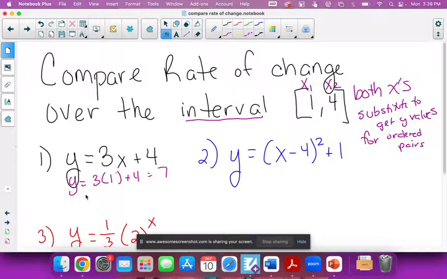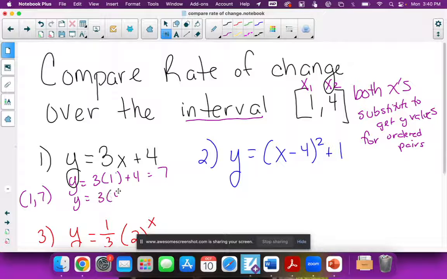So my first ordered pair is 1, 7. I substituted in 1, I got out 7. My second one, I have to substitute in 4. And for that one, I should get 16. So my second ordered pair is 4, 16.